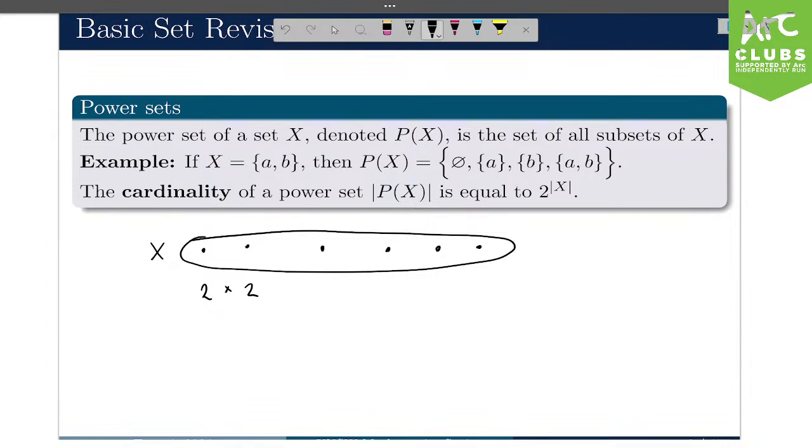That gives us 2 options, yes or no. And this process continues for all of the elements of X. Obviously that's 2 to the power of the number of elements in X. That's the number of choices that we have to make, and that's the number of distinct subsets. Right, so that's easy enough.